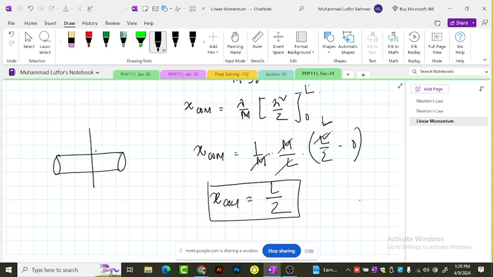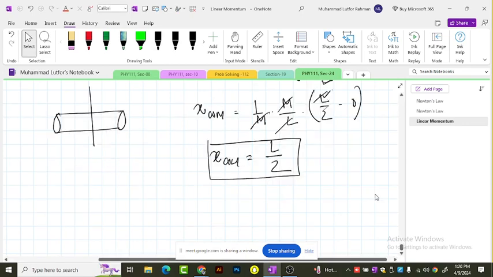Did you get my point? That is how we find the center of mass of a homogeneous distribution of mass. And what if someone asks about the non-homogeneous distribution case? The procedure is exactly the same. In that case, this lambda would involve some constant factor k into dm over dx.